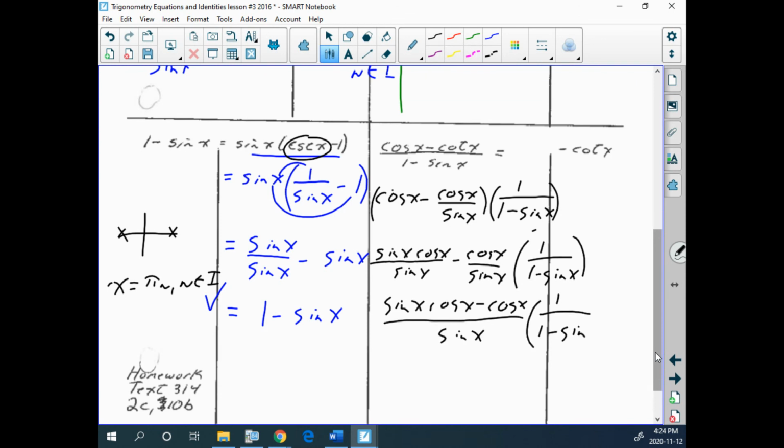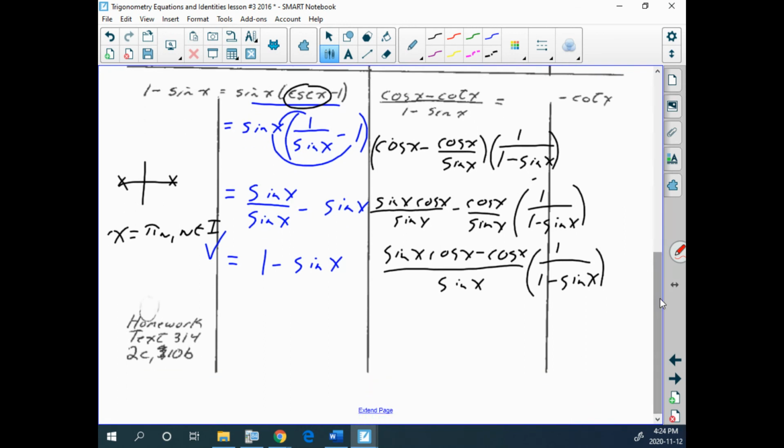Bring this guy along for the ride for the moment. What we see here is I have a common factor of cosine. Take that guy out. It's going to leave me with sine x minus 1. Now, at this point, I look over here, I have 1 minus sine x on the bottom. I'd like to be able to cross that off. I can't do this because this is positive sine, that's negative sine, that's negative 1, that's positive 1.